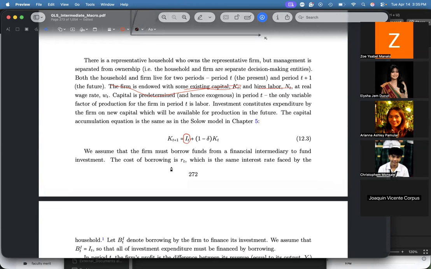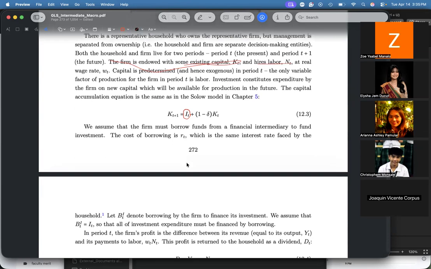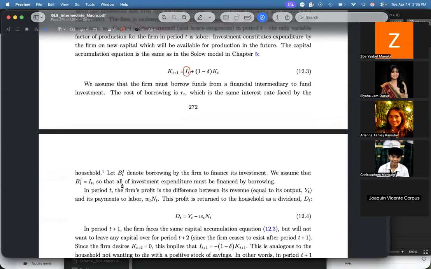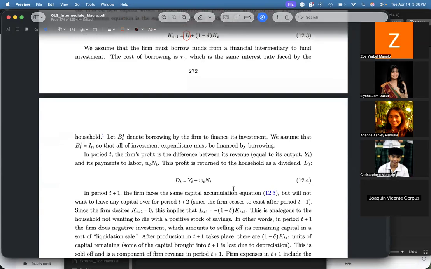The other cute thing about this model here is this. We assume that the firm must borrow funds from a financial intermediary to fund investment. The cost of borrowing is R_T, which is the same interest rate faced by the household. Let B_I_T denote the borrowing by the firm to finance its investment. And you can assume that B_I_T equals I_T, so that all of investment expenditure must be financed by borrowing. Okay.